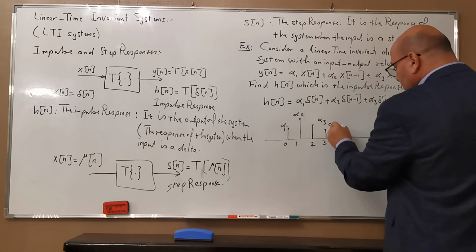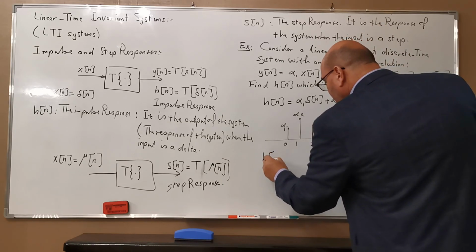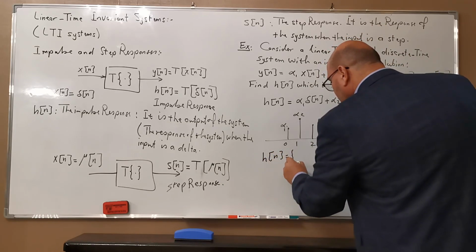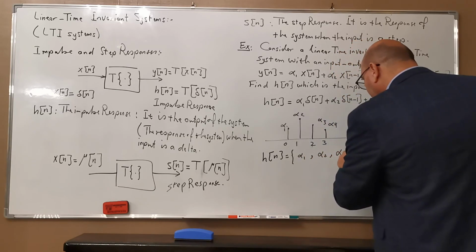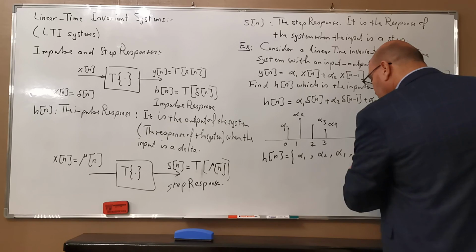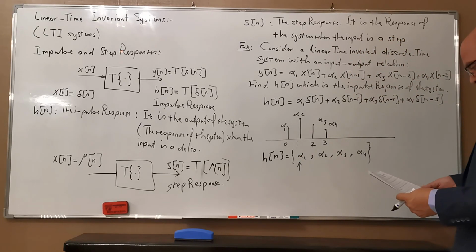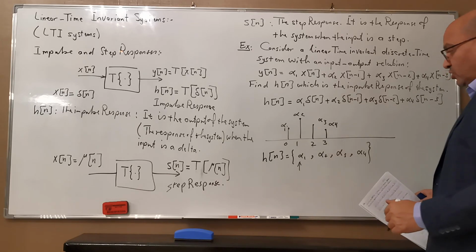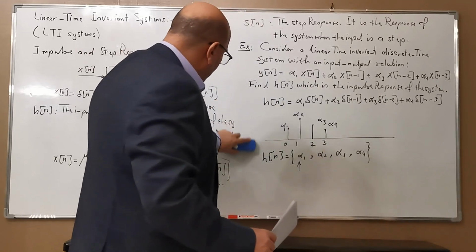So this is our example. In a different way, h of n is also equal to alpha 1, alpha 2, alpha 3, alpha 4, and then zeros. So this is my h of n, the impulse response for such a system.